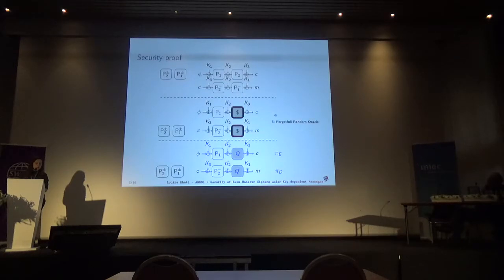To do the security proof, analyzing the advantage of an adversary trying to distinguish between these two worlds is too complicated. So we introduce this intermediate game, where we have this forgetful random oracle. This forgetful random oracle can be seen as a random generator.